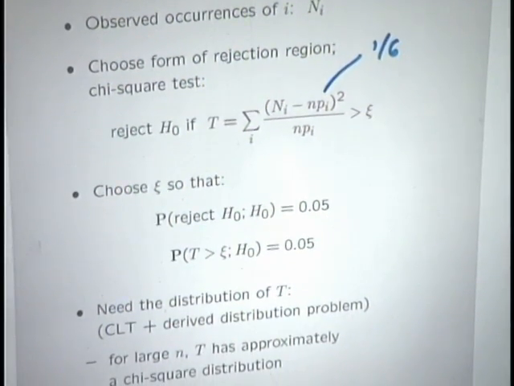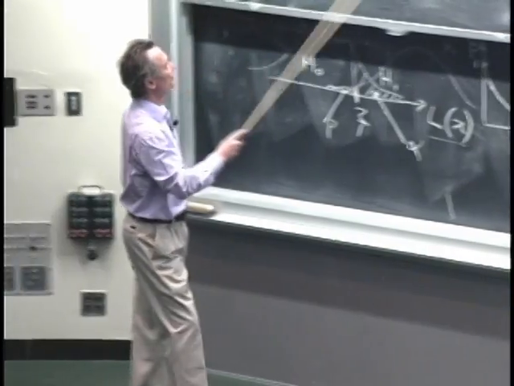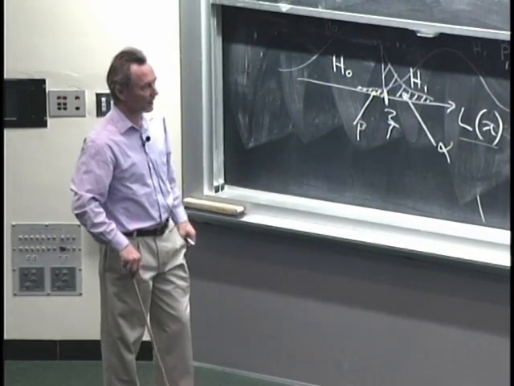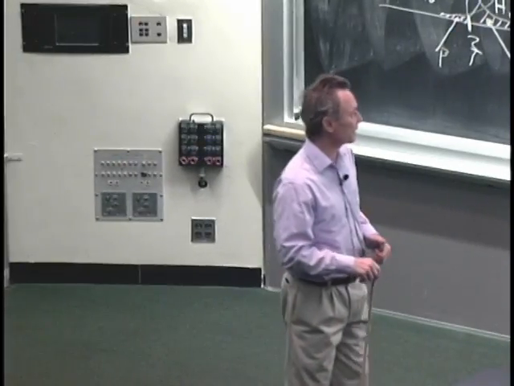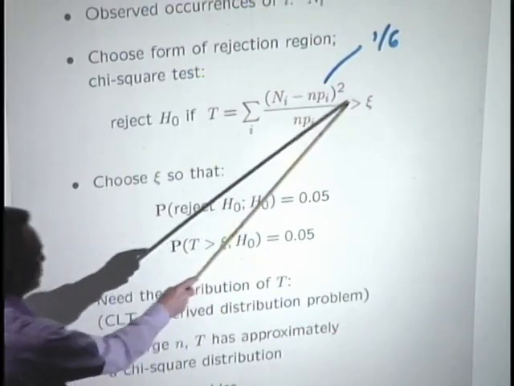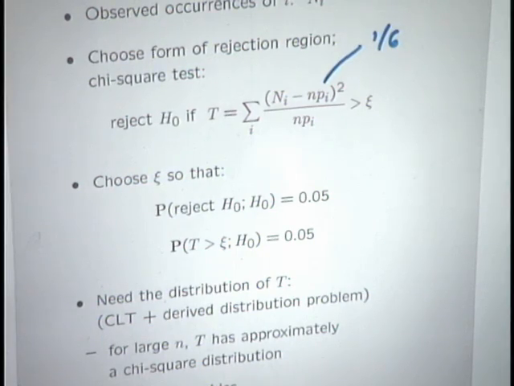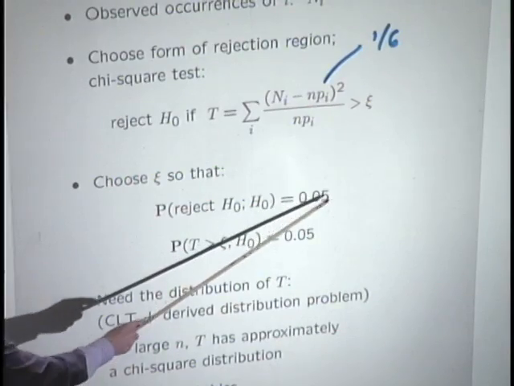So by this point, we have fixed the type of the rejection region that we're going to have. So we've chosen the qualitative structure of our test, and the only thing that's now left is to choose the particular threshold we're going to use. And the recipe, once more, is the same. We want to set our threshold so that the probability of a false rejection is 5%.